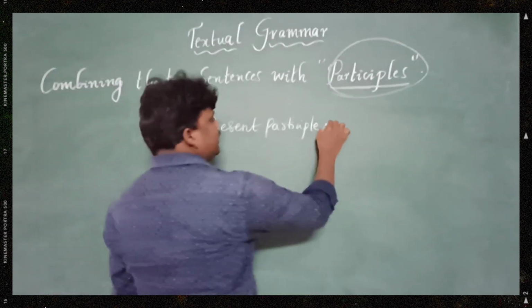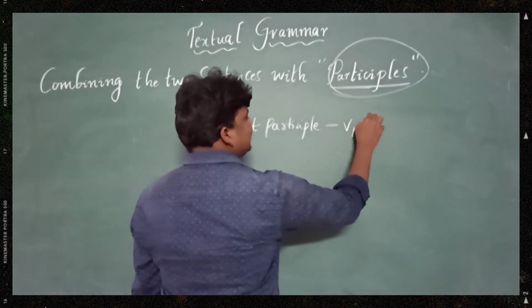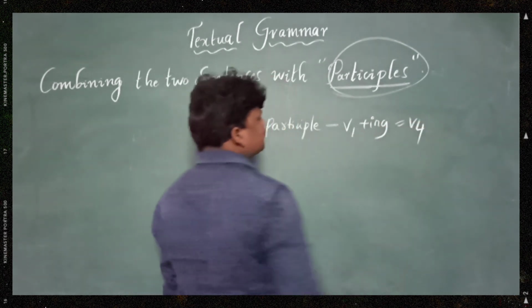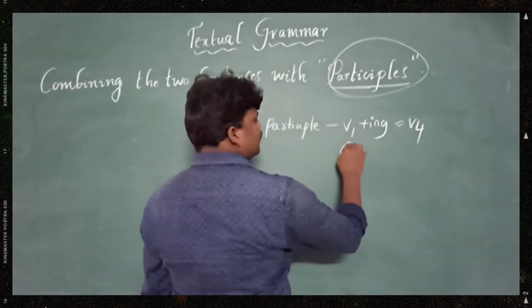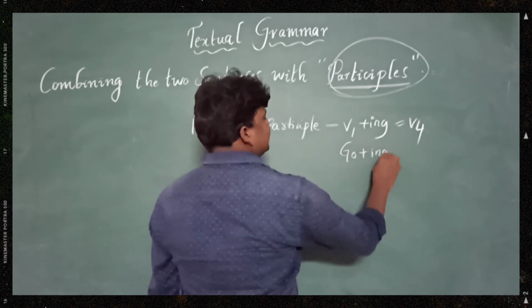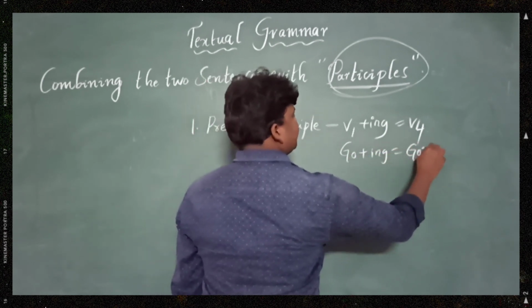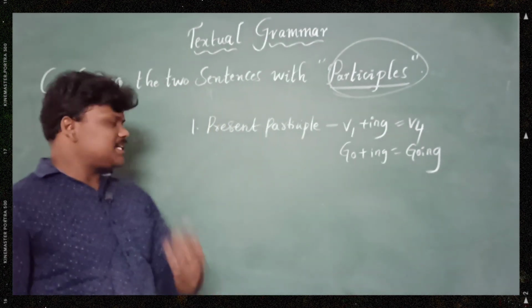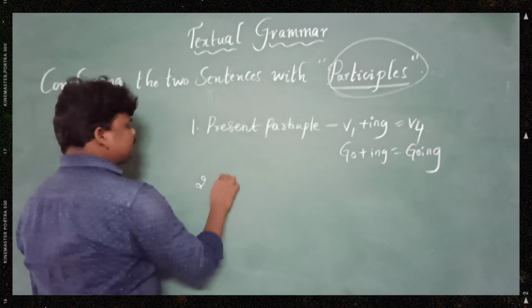Right? If V1 is added with ing, we will get V4. For example, go plus ing is equal to going. This is called present participle.